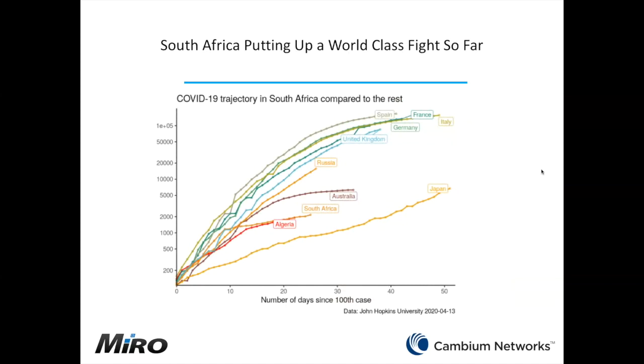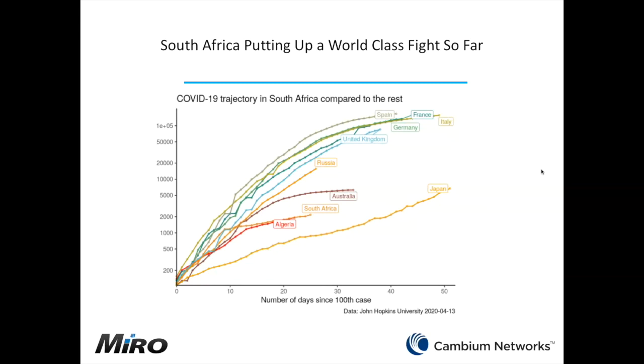So up to this point, in contrast to what we've seen overseas, the good news is that South Africa is actually doing extremely well. Up to date, we've managed to contain the curve a lot more effectively than a number of other countries, and I think that's largely attributed to Cyril Ramaphosa's call for action of all South Africans to apply things like good hygiene, social distancing, and unfortunately take the measure of doing a hard lockdown.